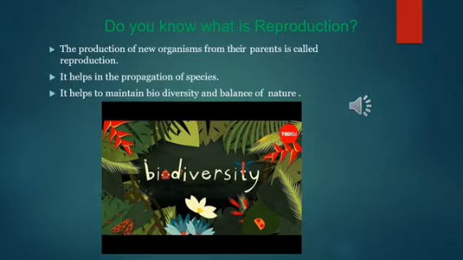Because of this process of reproduction, we can maintain this biodiversity on the earth, which is very, very important. So what is reproduction and why is reproduction important, or how does reproduction help us. This is what you should understand from this slide.